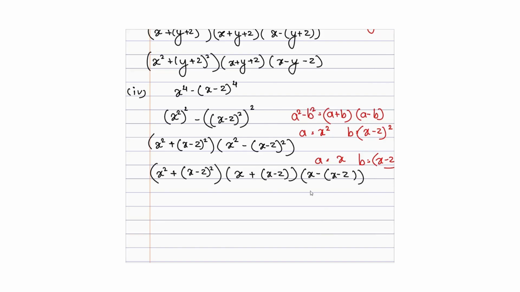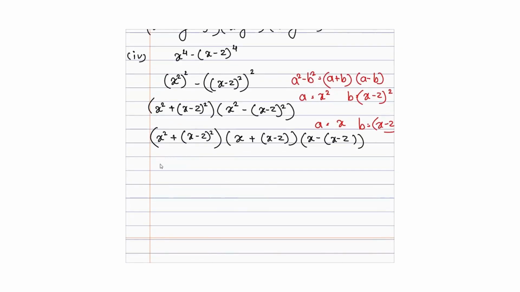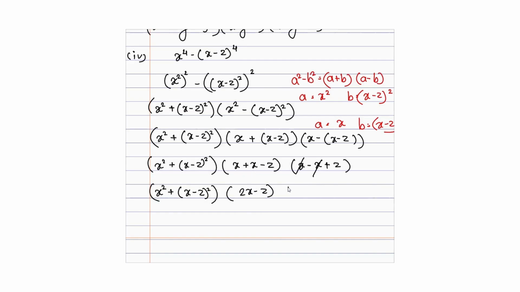If I have to solve this further: x square plus (x minus z) the whole square, and this will be x plus x minus z. This minus sign will go inside, so this will be x minus x plus z, right? The x and x will get cancelled, and this x and x will become 2x. So this will be (x square plus (x minus z) square), this will be (2x minus z), and this will be only z, right?